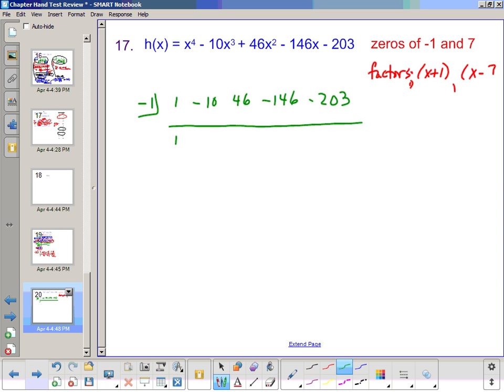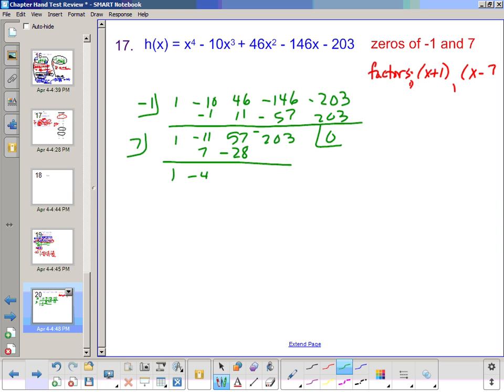And we hope that that is a factor, and let's take a look at it. There you go. x plus 1 is a factor because the remainder is 0. Now let's divide by x minus 7. Oh, I'm slow at subtraction here. That would be 29.